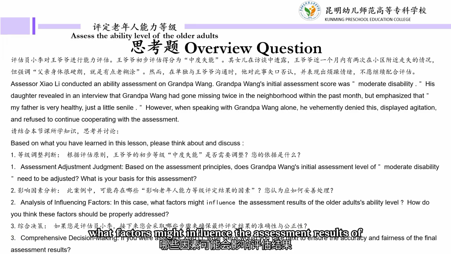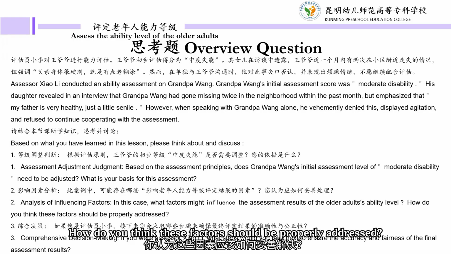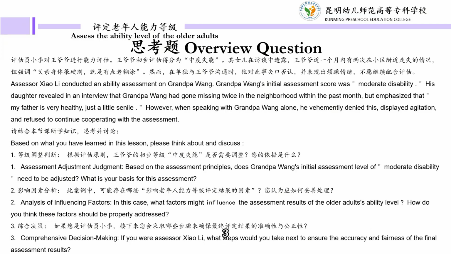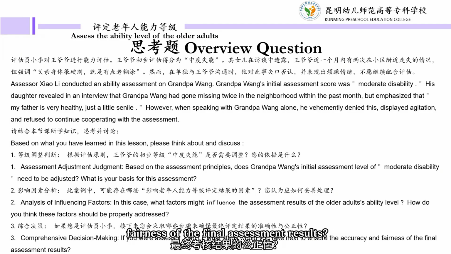In this case, what factors might influence the assessment results of the older adult's ability level? How do you think these factors should be properly addressed? Third, comprehensive decision-making. If you were Assessor Xiao Li, what steps would you take next to ensure the accuracy and fairness of the final assessment results?